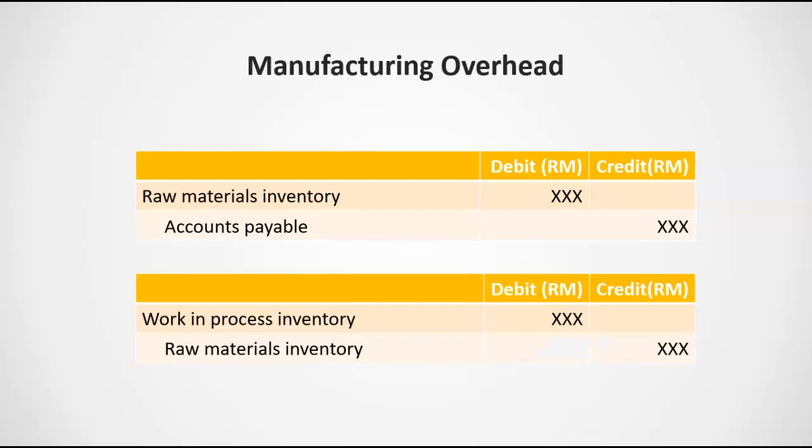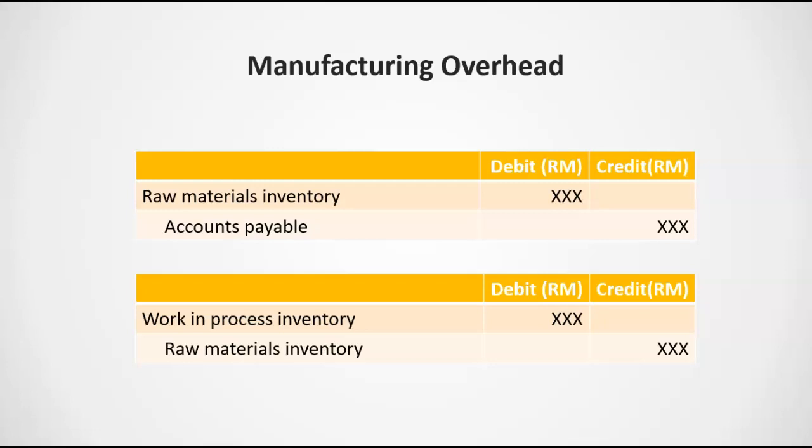The third one is your manufacturing overhead. The recording of manufacturing overhead is a little bit more complicated as it involves two types of recording. First is the recording of the actual amount and the other one is the recording of the applied amount, both referring to the manufacturing overhead account.